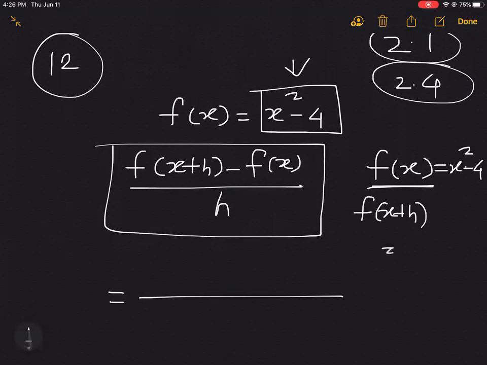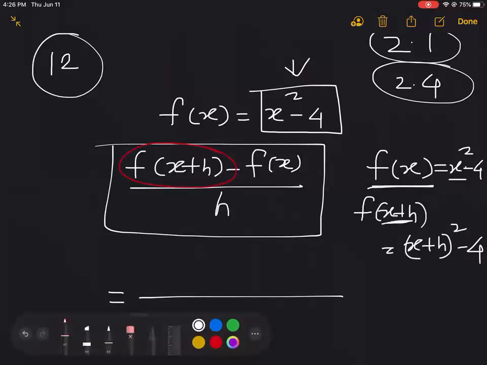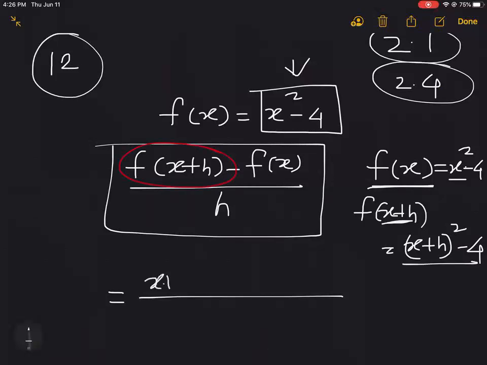You are replacing your x by x plus h. So x plus h, the quantity squared, minus 4, right? In place of f of x plus h, we'll actually use this, x plus h, the quantity squared, minus 4.